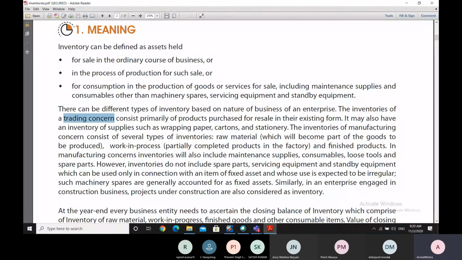Machinery spares means any spare parts that are required to repair the machinery, any servicing equipment that is required to service any machinery, or any standby equipment which is kept on standby for maintenance or for any other reason as a replacement for the machinery.